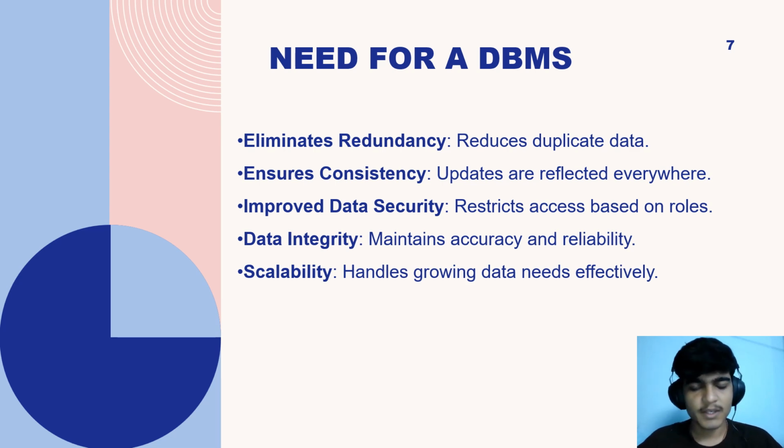In file systems, when updates were made to one file, as the files were not connected between multiple users, the data would be updated only locally, and all the users would not be able to see those data. But DBMS solved this problem by bringing consistency to the data.